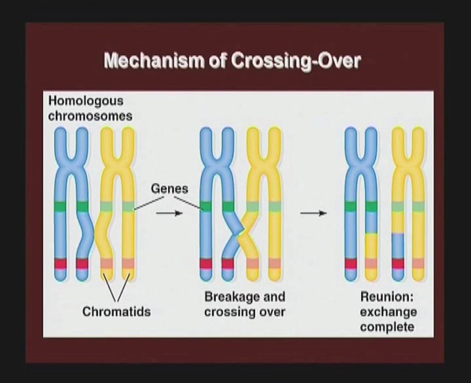A chiasma point is formed, say here in a yellow chromosome and the blue colored chromosome. Then there is a crossover point in the middle diagram where breakage and crossing over is taking place, and in the third figure there is a reunion and the exchange is complete, and therefore we see new recombinant types of chromosomes are produced after chiasma formation, after crossing over, after breakage and fusion, and that is why meiosis has a great role in linkage and crossing over.